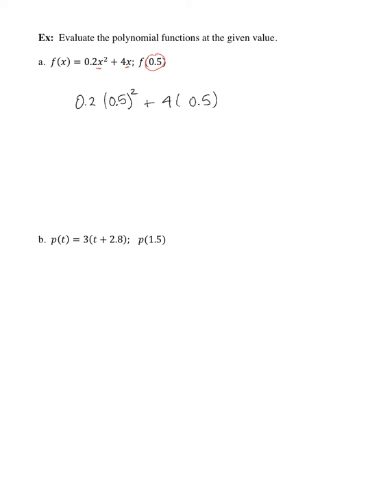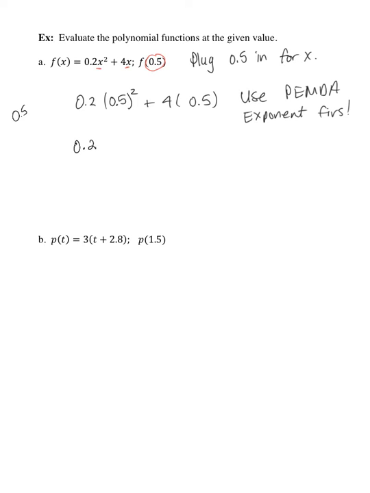Okay, so now we need to use order of operations. All right, and now, so first we need to square that 0.5. 0.5 is 1/2, and when you square that, a half times a half is a quarter. So that'll be 0.25.